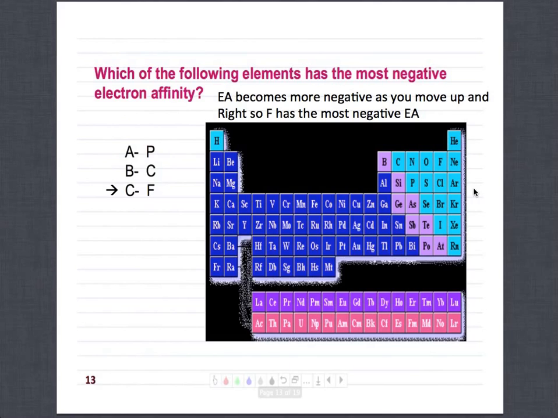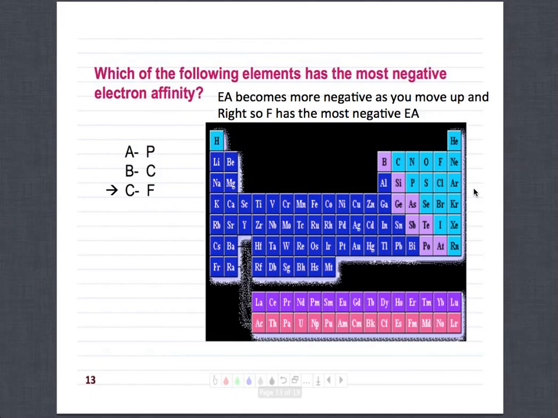And it is the highest negative because it's the most exothermic. But that's right, it is in the period before, so that makes it also more or less. But yes, it is one of the exceptions.